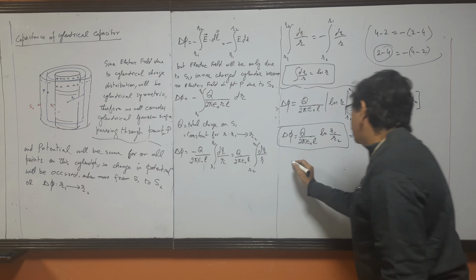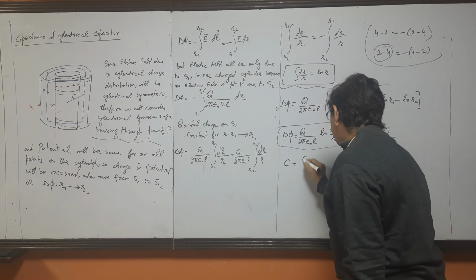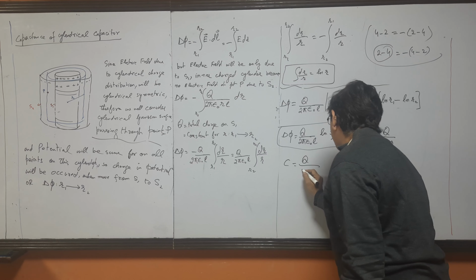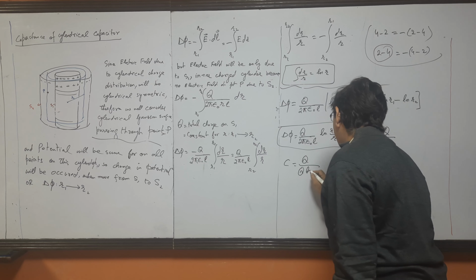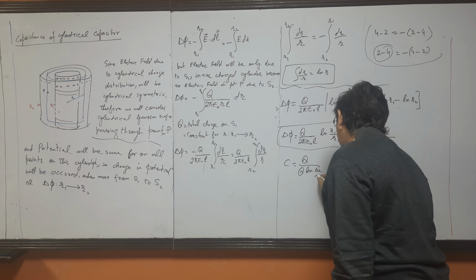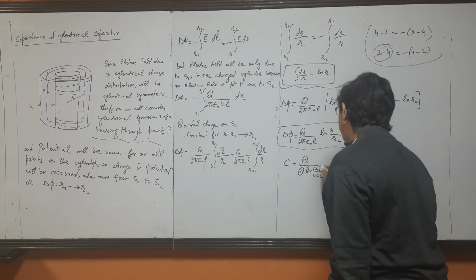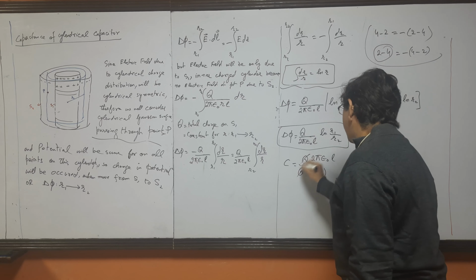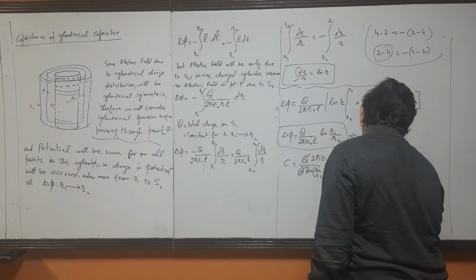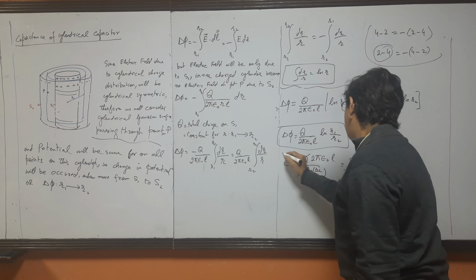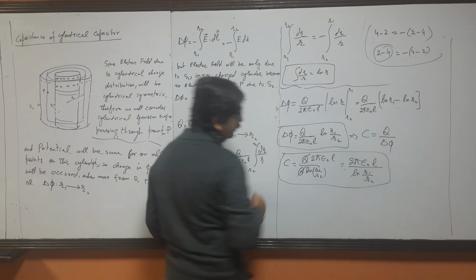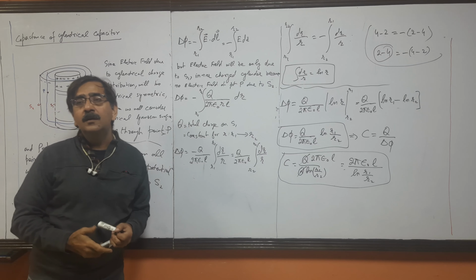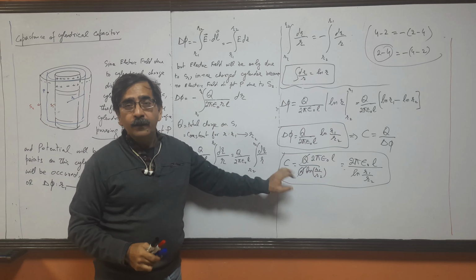So C will become Q divided by Q log of R1 over R2 over 2 pi epsilon L. Q will cancel with the Q, so C is 2 pi epsilon L over log of R1 over R2. So this will be the capacitance of the capacitor. Okay, got it?